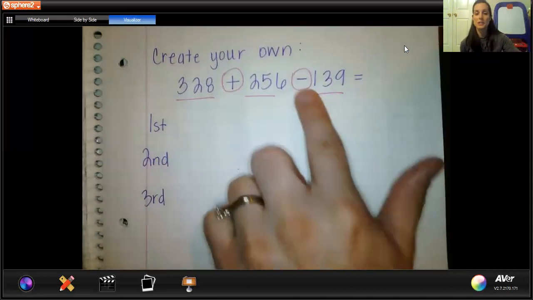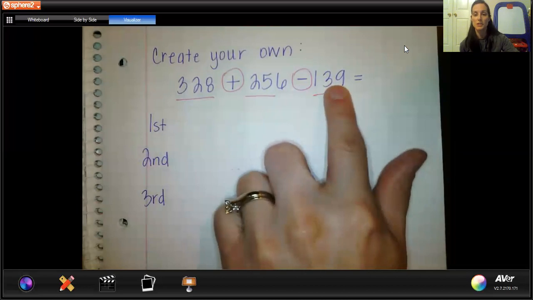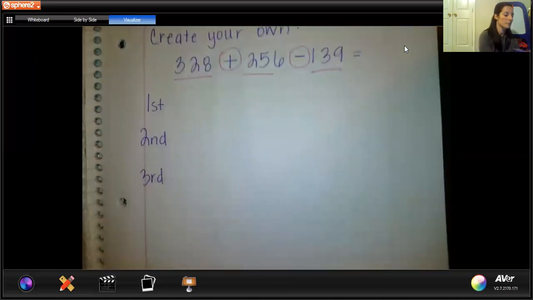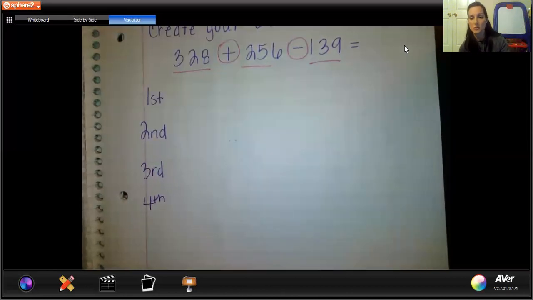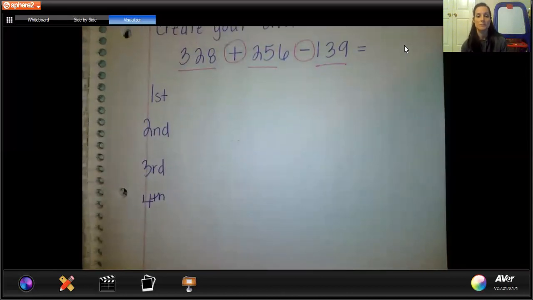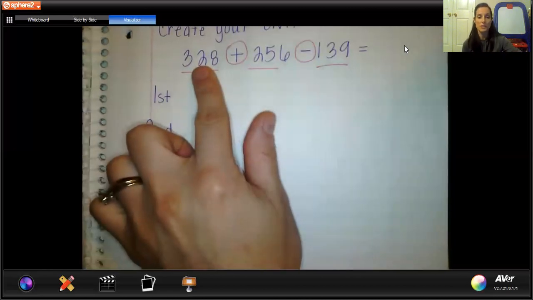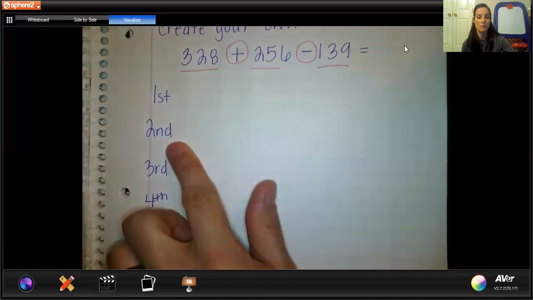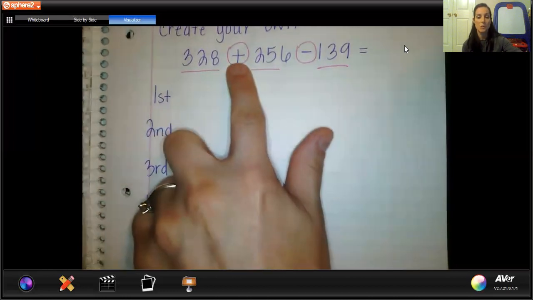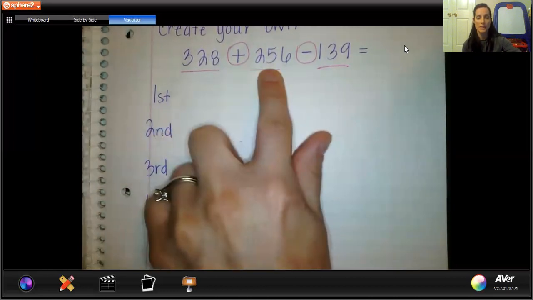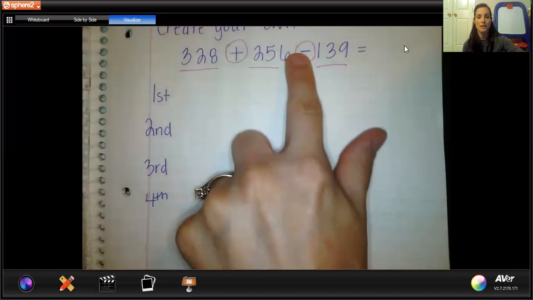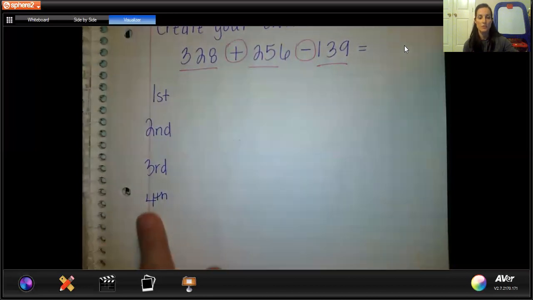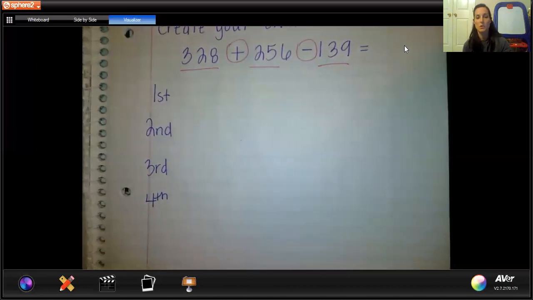So your third sentence should be subtracting the 139. Your fourth sentence should be your question. So just like we did earlier, your first sentence will have your first number. Make sure your second sentence is using the correct sign and your second number. Make sure your third sentence is using your sign and your third number. And then your fourth sentence will be your question.